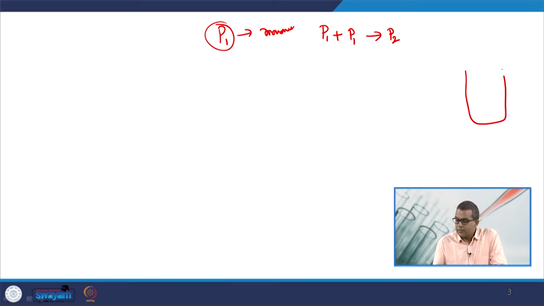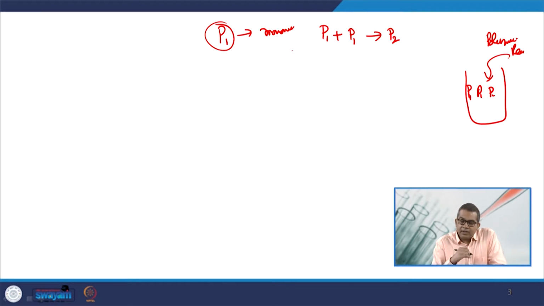Now, this is my polymerization reactor. Initially P1 etc. were present, but when the polymerization process is initiated, there may be formation of P2. That means two repeating units are combined.